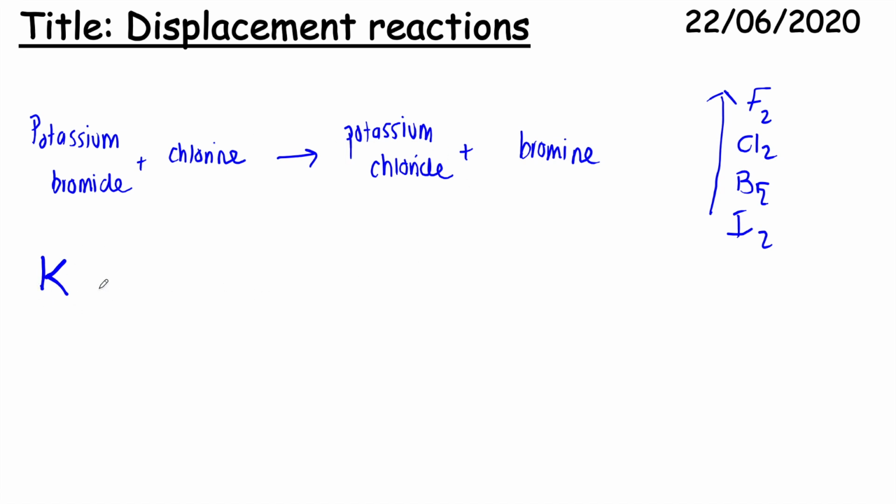So potassium is K, bromine is capital B, little r, plus chlorine is capital C, little l, arrow. Potassium, we've already done, is K. Chloride, well, that's the same as for chlorine. It's just when it's in a compound. So capital C, little l, plus bromine.